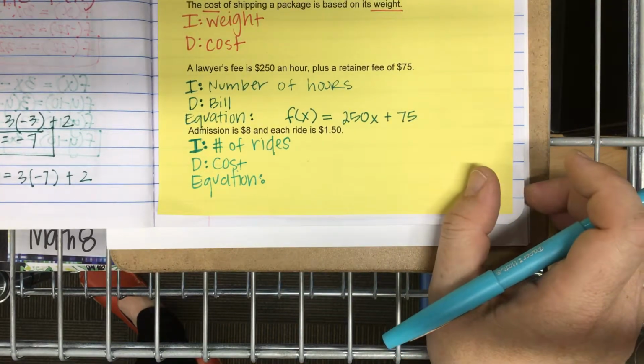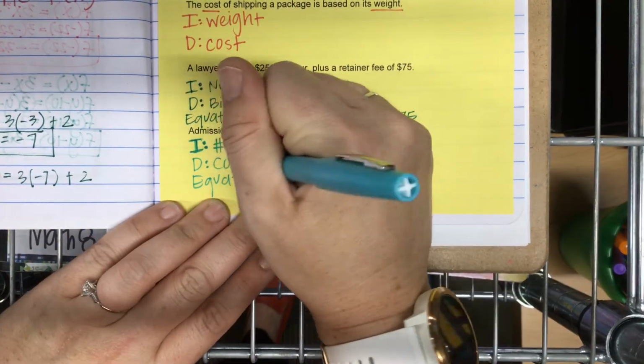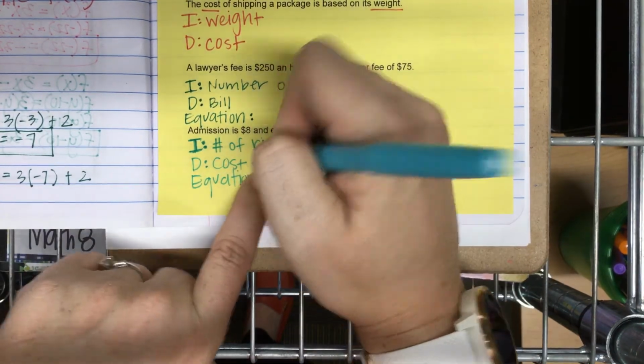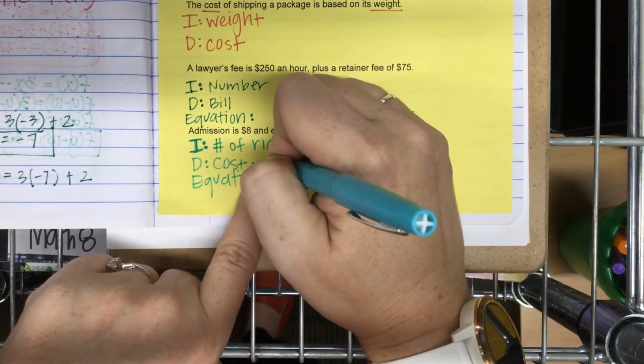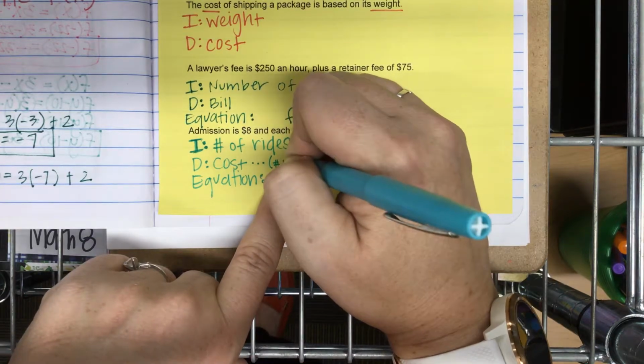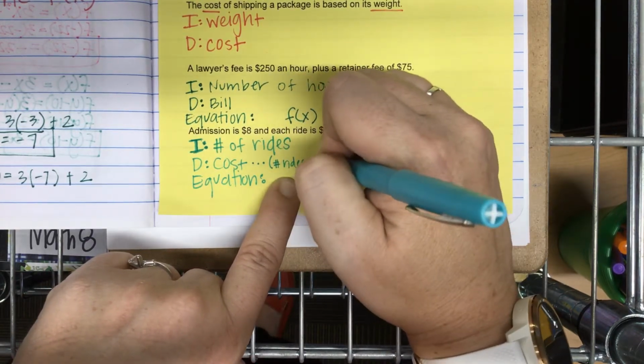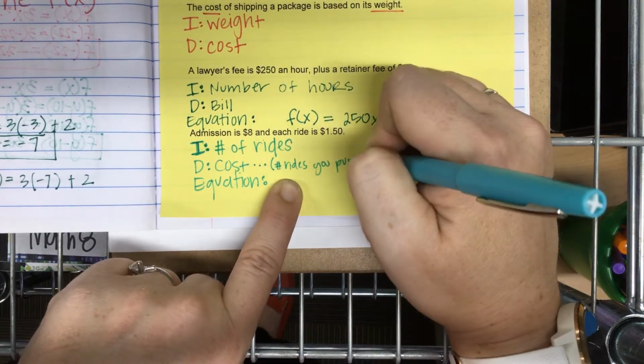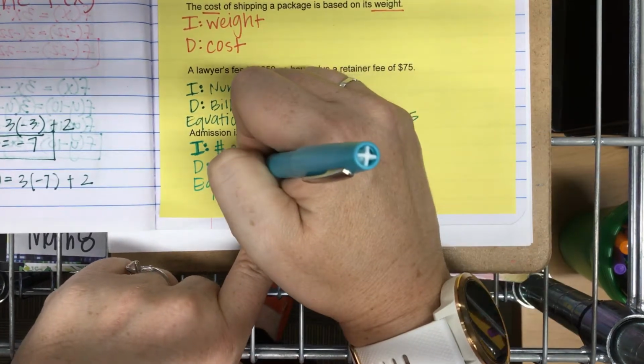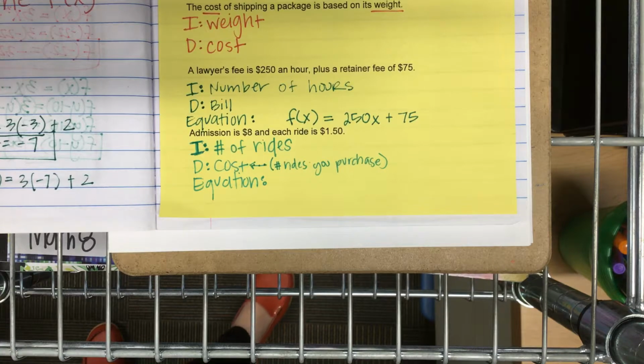So cost, right, is going to be determined. It's going to change for everybody by the number of rides you purchase. The price of the ride doesn't change. That's stuck. But you can determine the cost, the final outcome, by how many times you go on a ride.